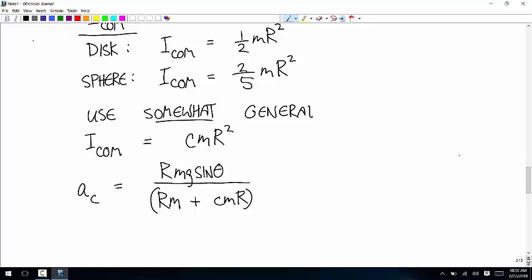We can cancel these R's and cancel these M's. And what we get is that the acceleration of the center of mass is equal to g sine theta divided by 1 plus c.